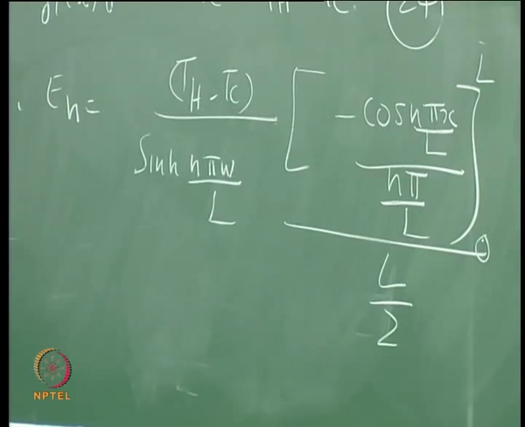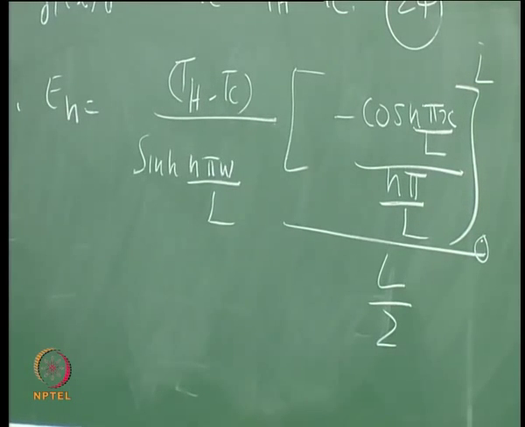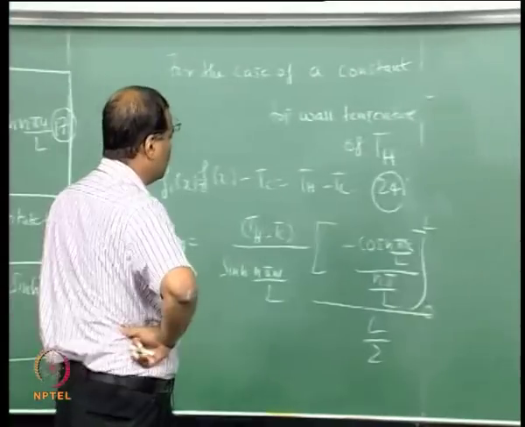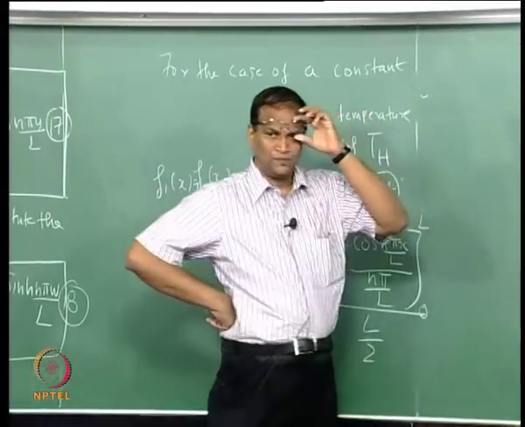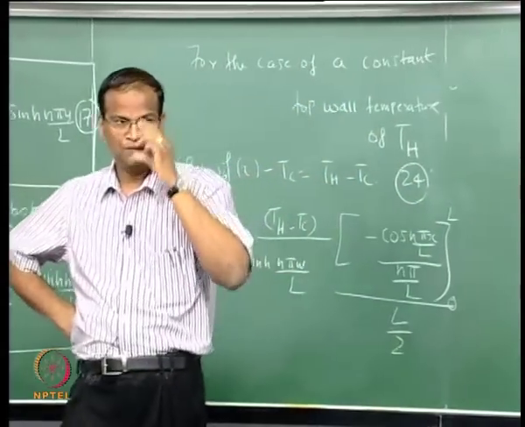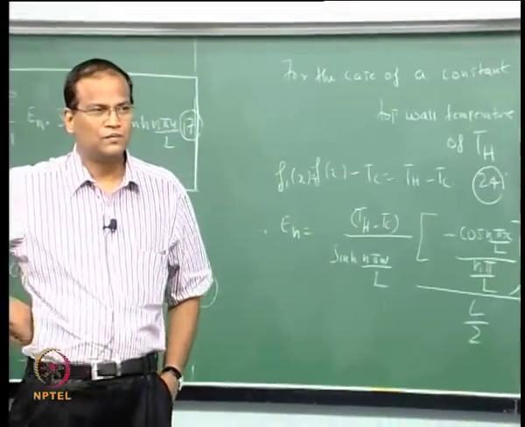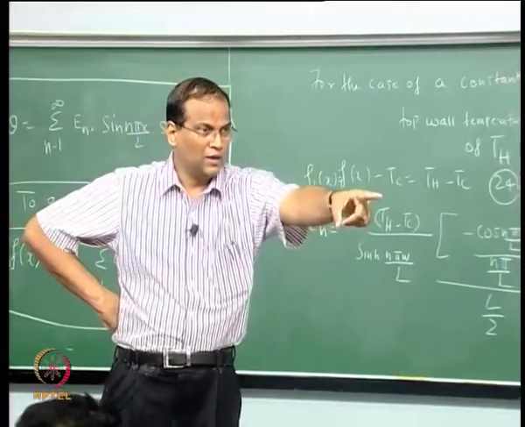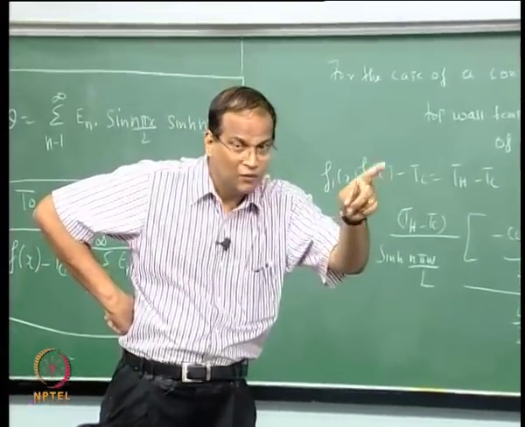So the lower limit is 1 for the numerator, correct? Cos of 0 is 1. The upper limit will keep on changing.